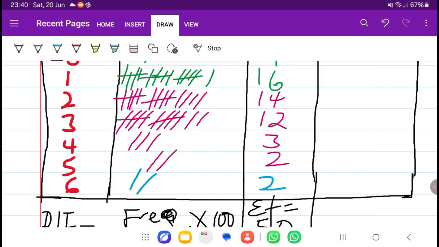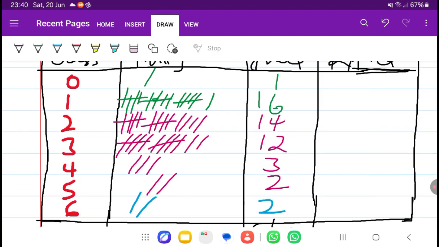When you add these totals, this 2 plus 2, that's 4 plus 3, that is 7, plus 12, that is 19. So they are 19. When you add a 1, that becomes 20.